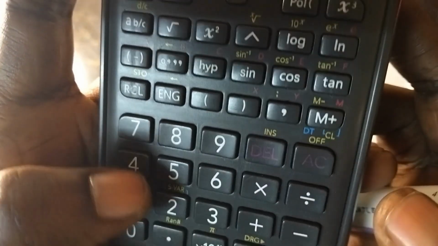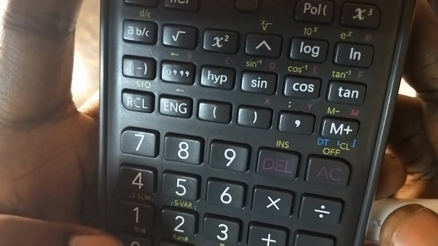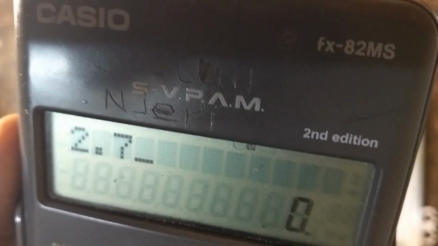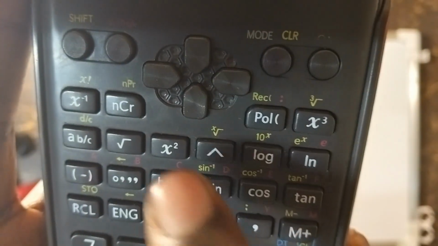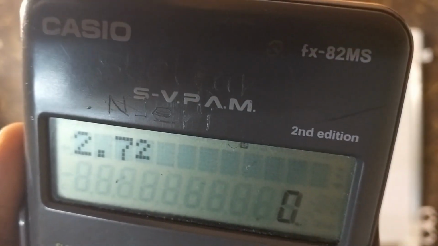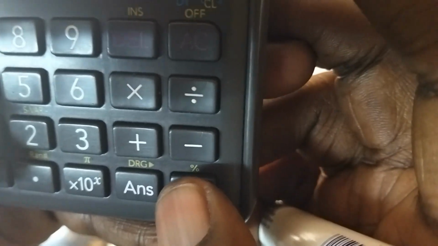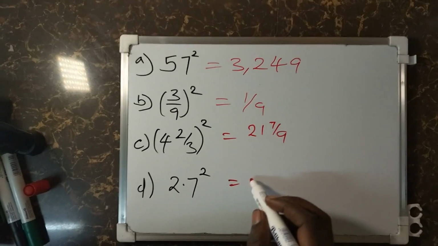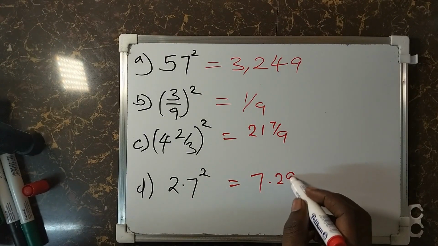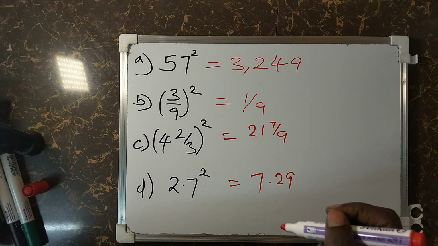Then we press our square key, and then the equal sign, and our answer is 7.29. Yes, very easy.